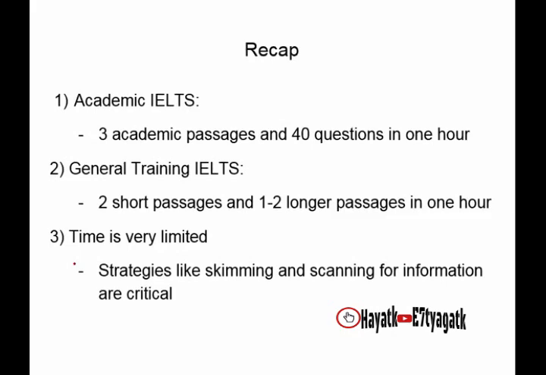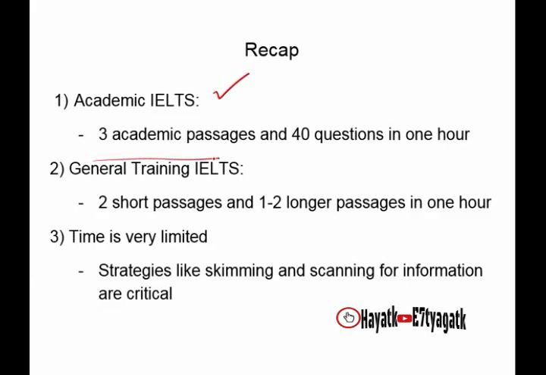Okay, so this is just a very basic overview of the reading paper, but to review, so the academic IELTS, you can expect 3 academic passages written at a college level, right? 40 questions to answer about each of those passages in 1 hour.